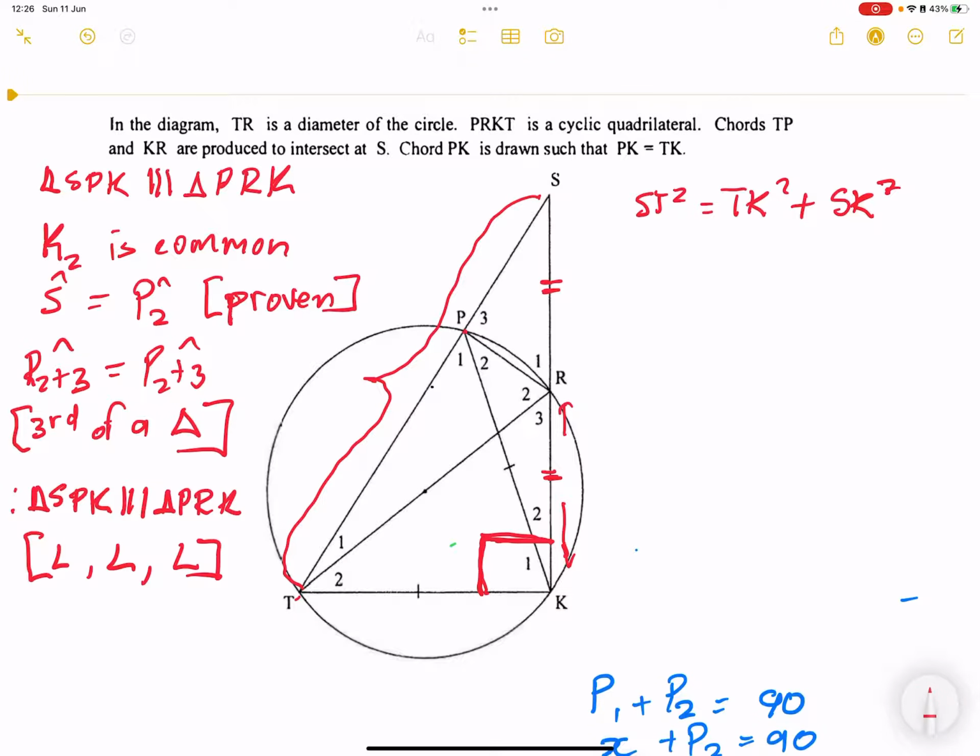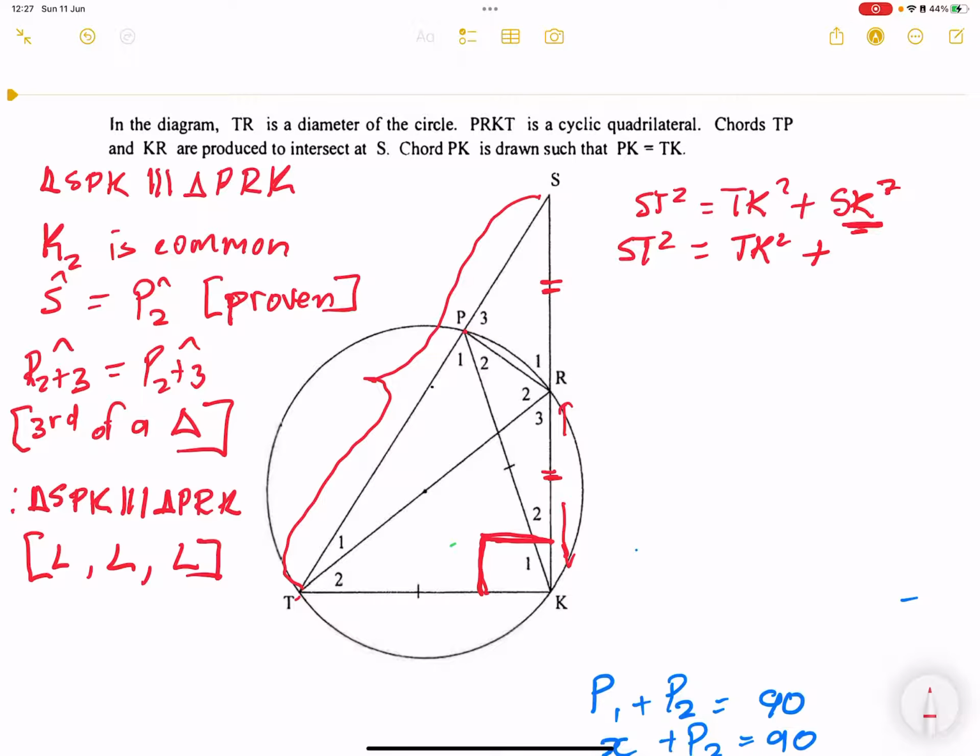So we already have TK squared and SK squared there. So now that we're looking for SK, how can I relate SK to RK? Remember that SR is equal to RK. So we can actually say that ST squared is equal to, we'll come back to TK in just a bit, TK squared plus, now instead of saying SK, I can say that's 2RK.